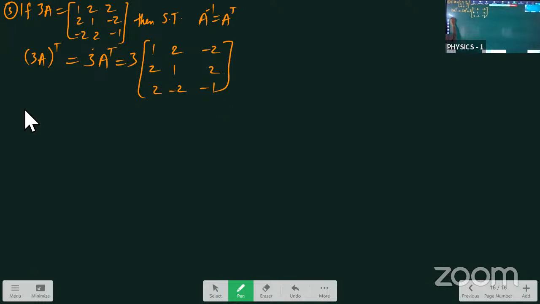So now consider 3A into 3A whole transpose. What is this value? What is the 3A matrix given? Don't divide by 3, because if we divide by 3, then it will be complex again.